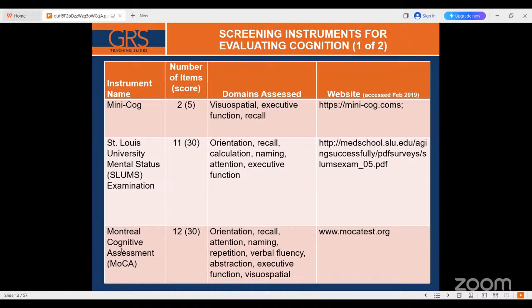Then we have the Montreal Cognitive Assessment, MoCA. It has 12 items, and it is also scored out of 30. It has orientation and recall, kind of similar, but it has other areas like verbal fluency and abstraction that are not covered by the previous one.